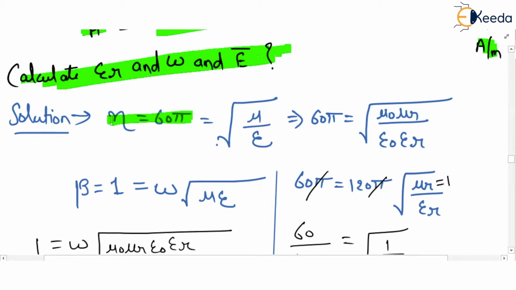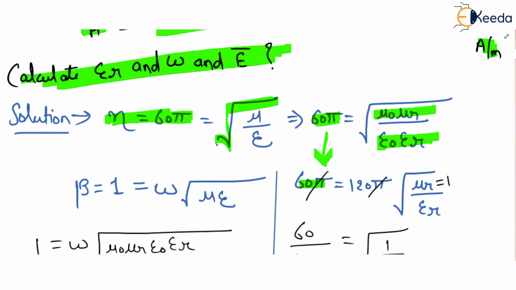Eta is equal to 60 pi and it is equal to the square root of mu by epsilon. So 60 pi equals the square root of mu naught into mu r divided by epsilon naught into epsilon r. We know the square root of mu naught by epsilon naught is 120 pi.